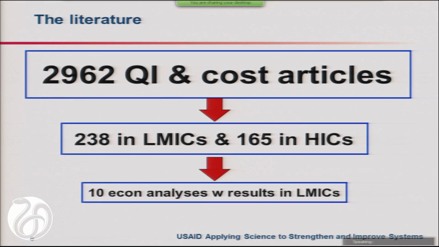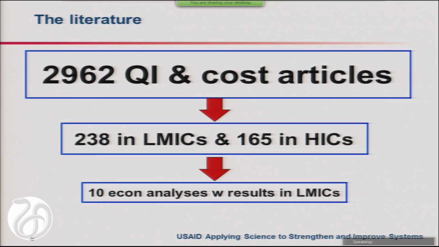to have a look at what was out there in terms of cost effectiveness analysis in the PubMed literature. There were many, many studies, thousands of them, that mentioned cost and effectiveness of quality interventions, but very few of them did actual cost effectiveness analysis and had results from those. And actually we found only 10.